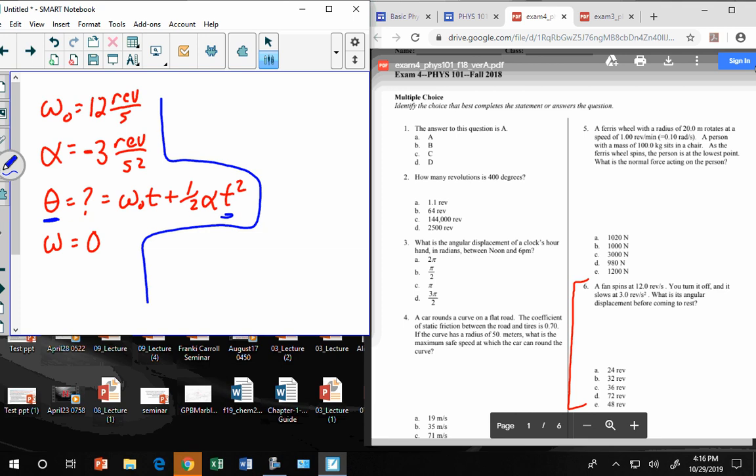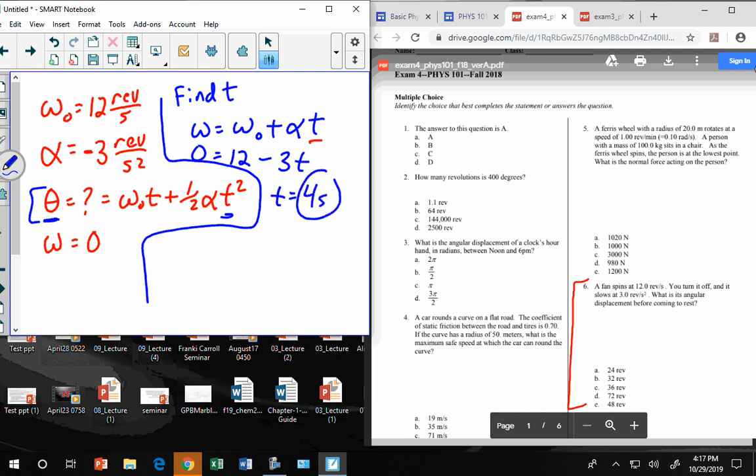So to find t, which is my first order, well, I know I can't find it with this, so I only have two equations. I must be having to use this. And it turns out that my unknowns here are just t. I know omega naught, and I know alpha. So I say omega, which is 0, equals 12 minus 3 times t. So t is equal to 4 seconds. And now that I know 4 seconds is t, I can plug that in over here.